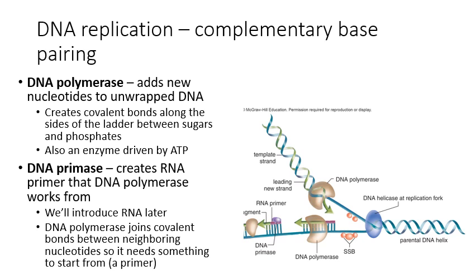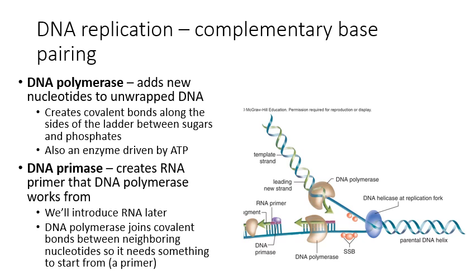The DNA polymerase adds these nucleotides and creates covalent bonds along the sugar phosphate backbone. This is another enzyme that's driven by ATP, with ATP coming in constantly and new nucleotides to copy the DNA, to undergo this semi-conservative replication.